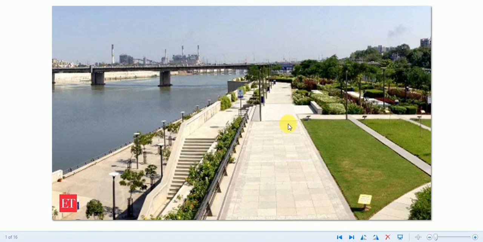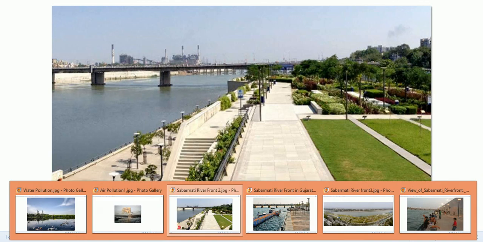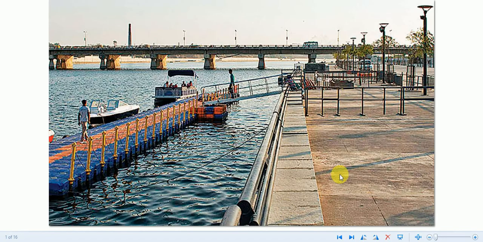See, this is one example. This is what I call development of riverfront. Here it becomes a park. This is the development of riverfront on the bank of the Sabarmati river in Gujarat. This is another photograph of the same river, the Sabarmati river.